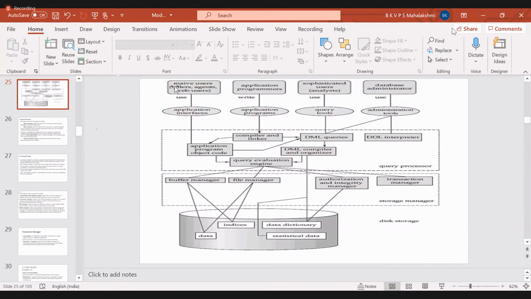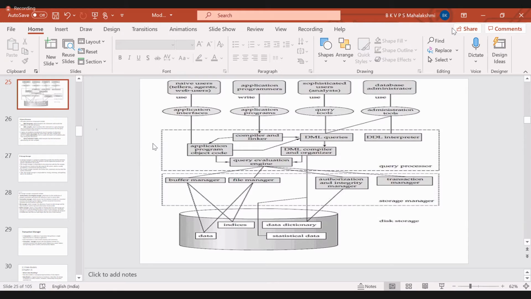And the naive users are those who don't have technical knowledge. You can see a real example if you consider the banking application. The non-technical people used to be there in the bank. They will just browse the website and enter your data, so that they convey what you have asked from your end.